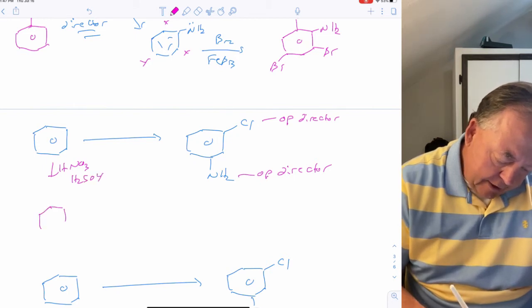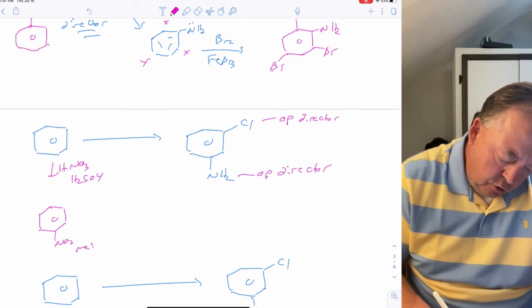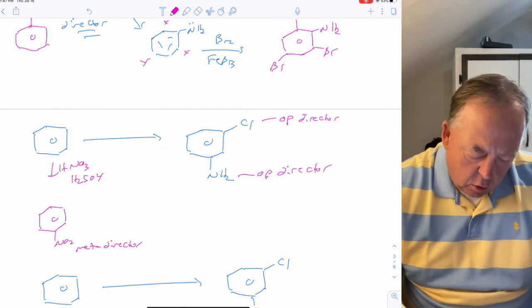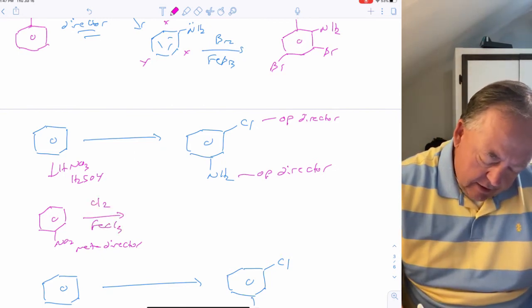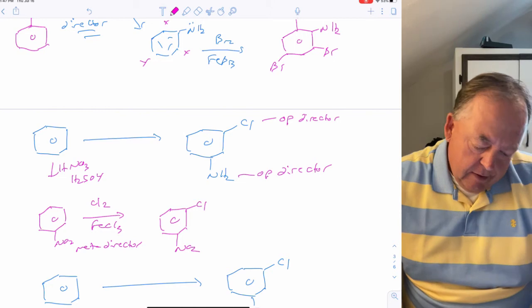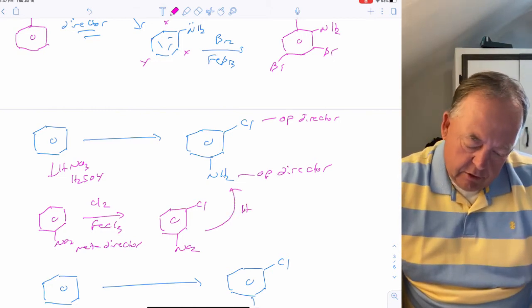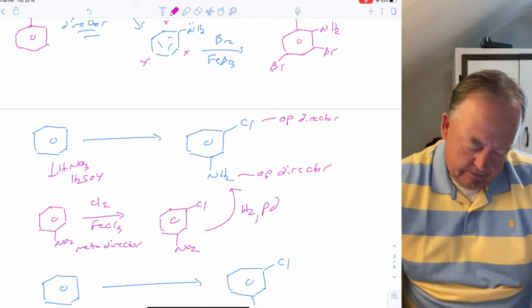So you would put a nitro on the benzene ring, and the nitro is a meta director. So now would be a good time to put the chlorine on because you would get it in the right spot. And so now you just need to convert the NO2 to the amine, and you can do that with H2 and palladium, right? Or lithium aluminum hydride.